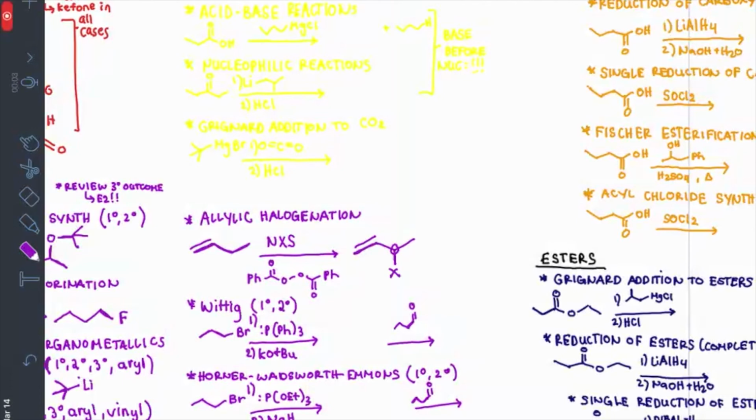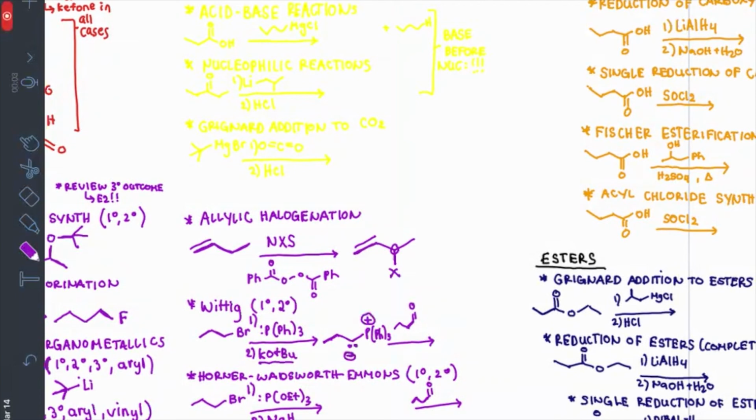And so from here, we're essentially going to replace that bromine with PPh3, and then this potassium tert-butoxide is going to deprotonate the carbon next to that phosphorus and create a negative charge, right?